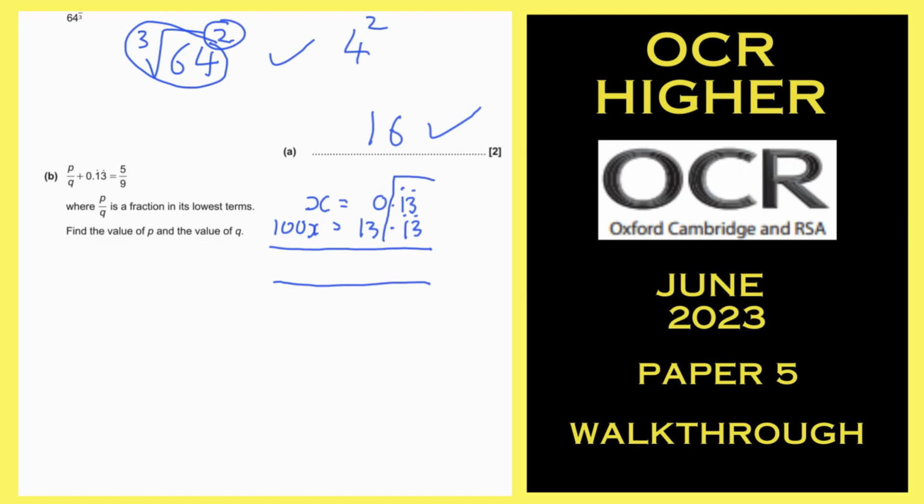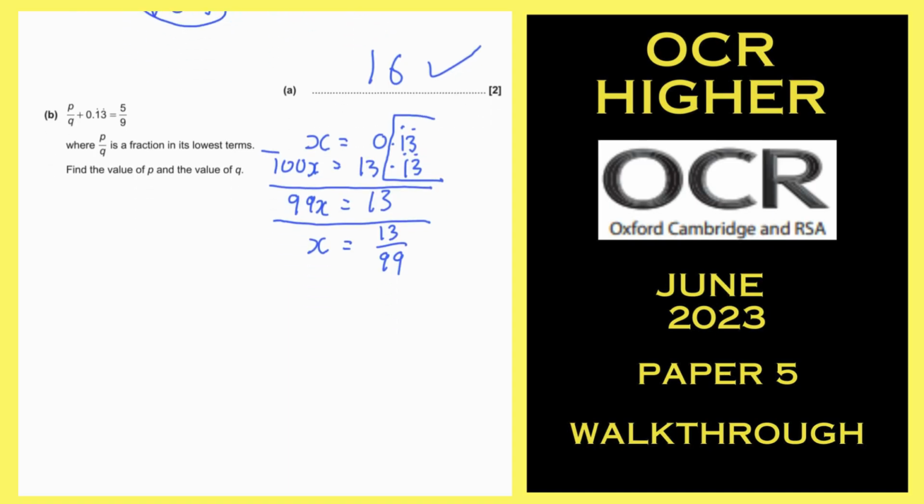Anything that comes up after the decimal points now repeat. So when we subtract, they cancel out. So all we've got to worry about is 13, take away 0, and we've got our value for x. It's 13 over 99.